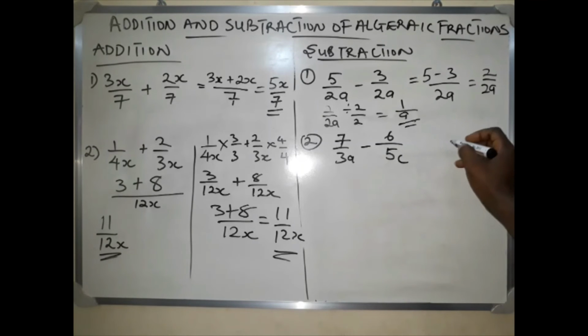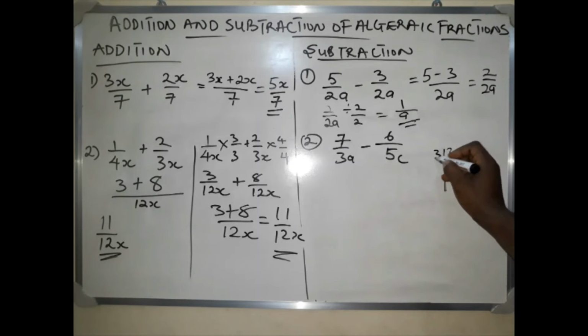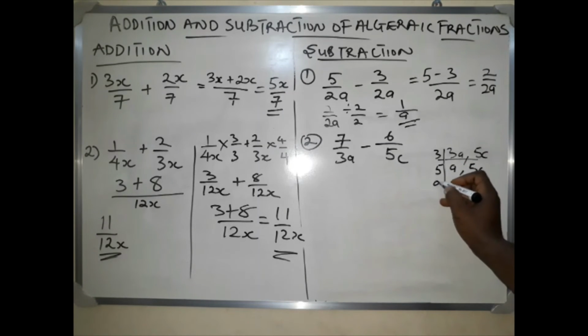So now, let's look for the LCM of 3a and 5c. You say 3 divide 3a will give you what? A. 3 cannot divide 5c, so we write the 5c. So now say 5 divide 3a, it cannot. So 5 divide 5c will give you c. Now say a divide a is 1, write the c down.